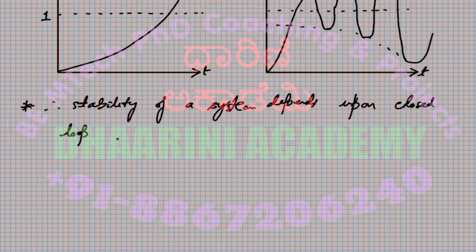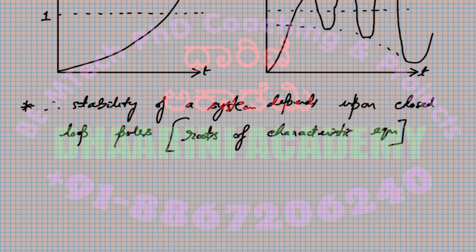Now the question is, what is a closed loop pole? A closed loop pole is a root of our characteristic equation. That's all. Roots of the characteristic equation.